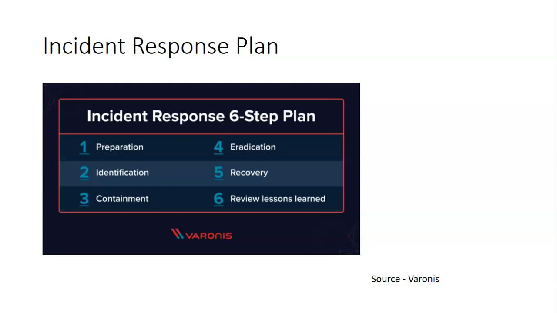Now next, number four, that is called eradication. In eradication, you are trying to eliminate the source of the attack. Okay, so for ransomware, what you would do would be to restore backups.